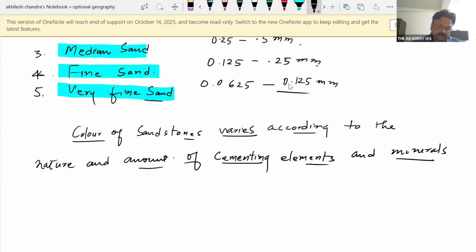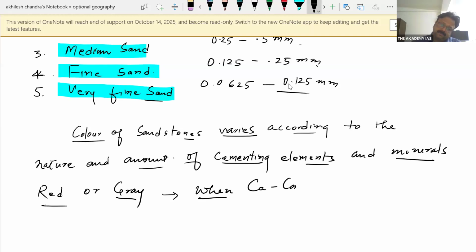It becomes red or gray when calcium carbonate dominates.